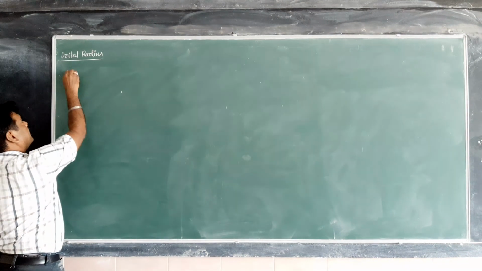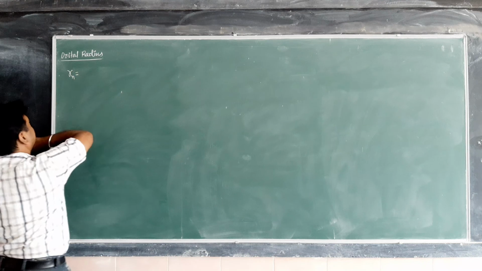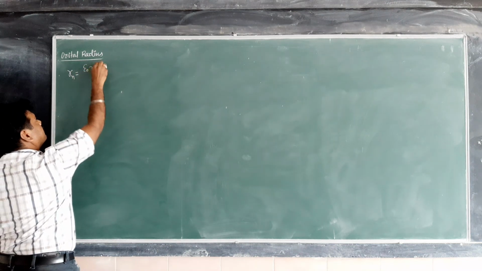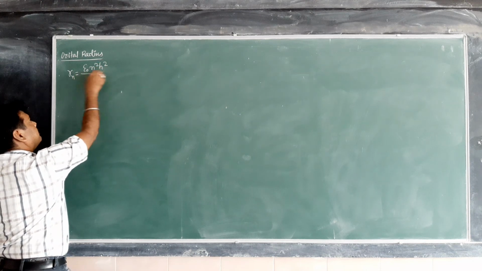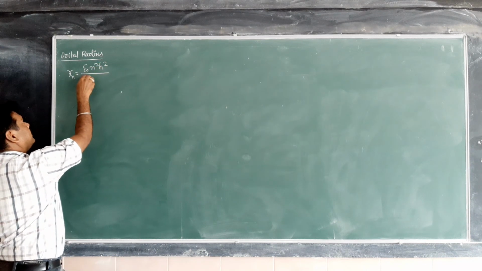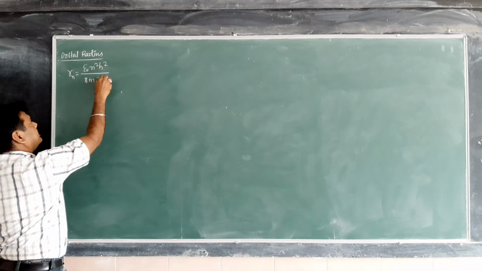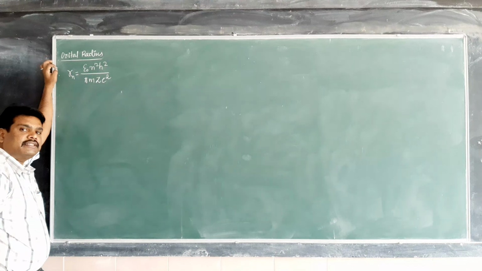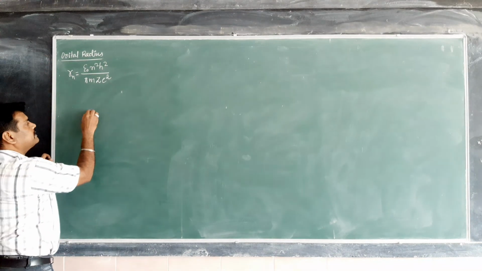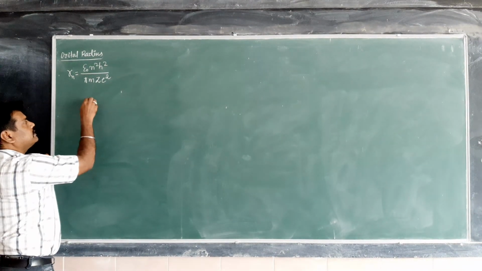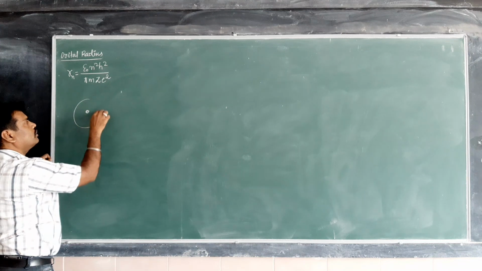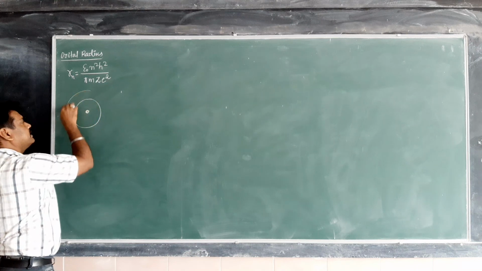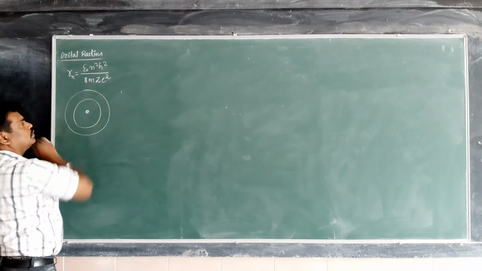To write that, Rn is equal to epsilon naught n square h square divided by pi m z e square. So this equation clearly says that, suppose this is the nucleus and this is the first orbit of the electron, whose value n is equal to 1, and this is the next orbit whose value n is equal to 2.